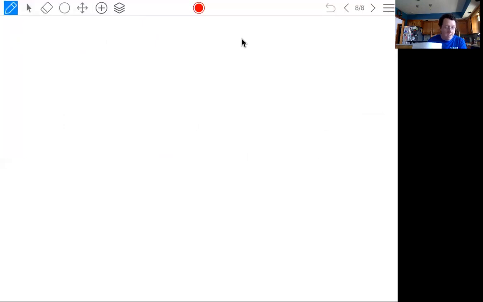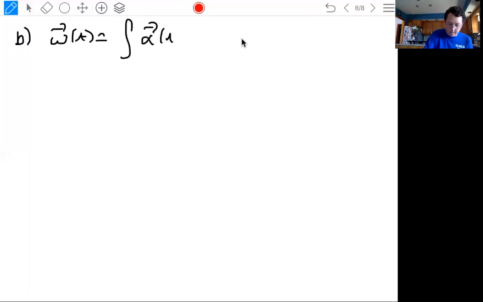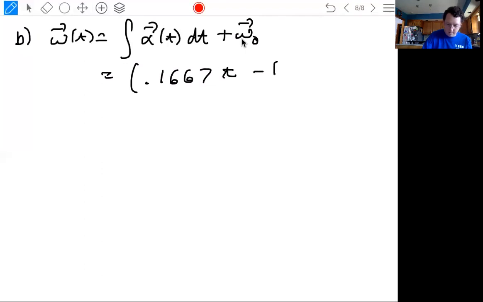Let's go ahead and repeat the analysis. It's really the same basic idea. For part B, I'm going to say that omega vector as a function of time is the integral of alpha vector as a function of time dt plus omega initial vector, but that's nothing other than 0.1667 t minus 1.667 radians per second z hat.